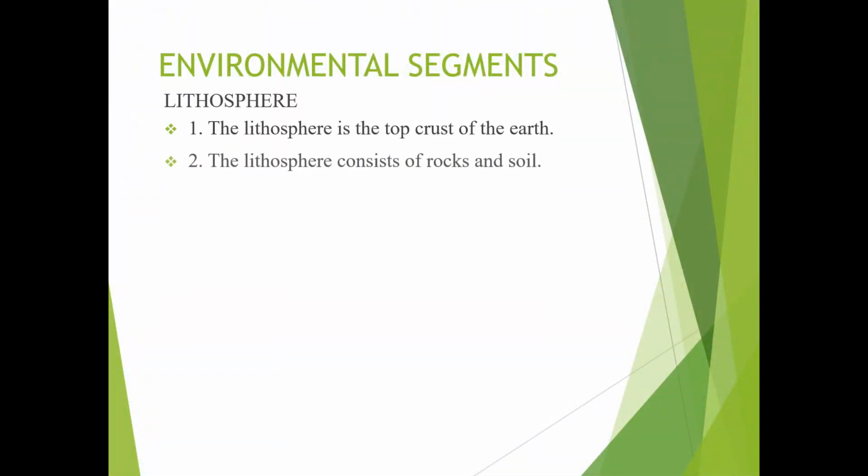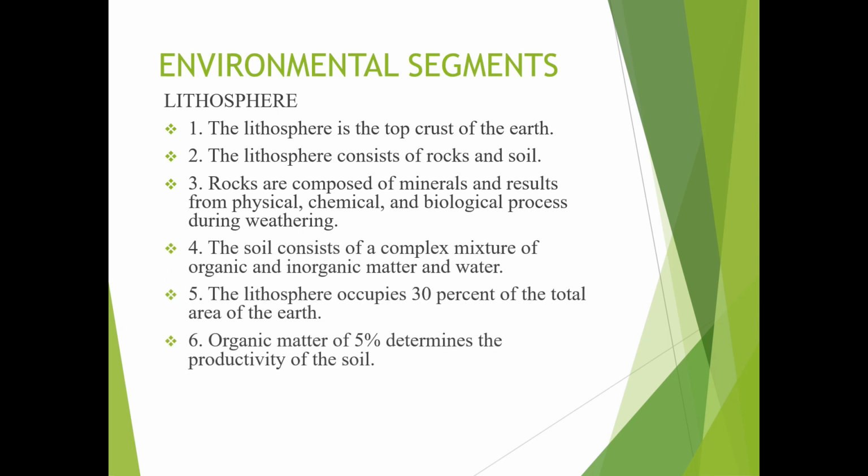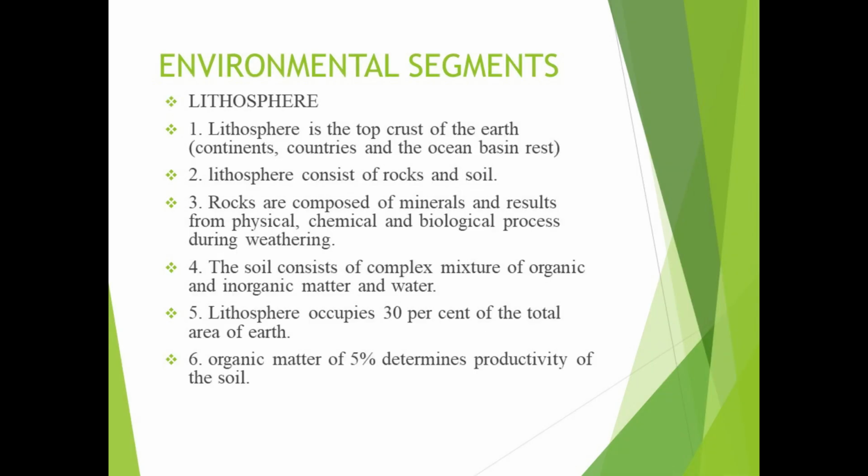Environmental segments. There are four environmental segments, namely lithosphere, hydrosphere, biosphere, and atmosphere. Lithosphere is the top crust of the earth. The lithosphere consists of rocks and soil. Rocks are composed of minerals and result from physical, chemical, and biological process during weathering.